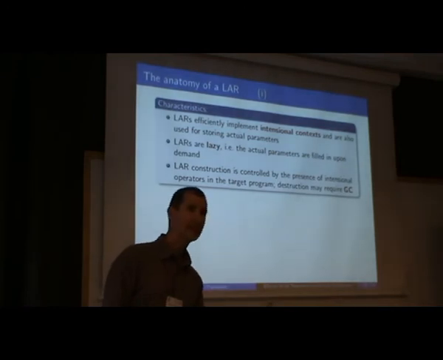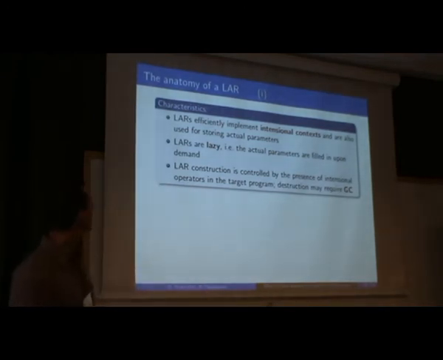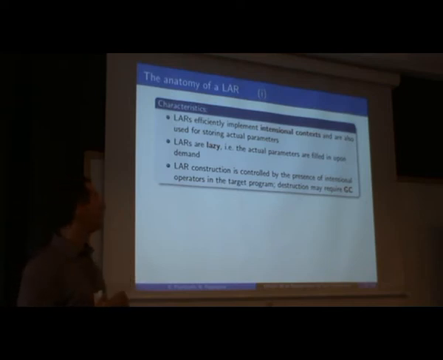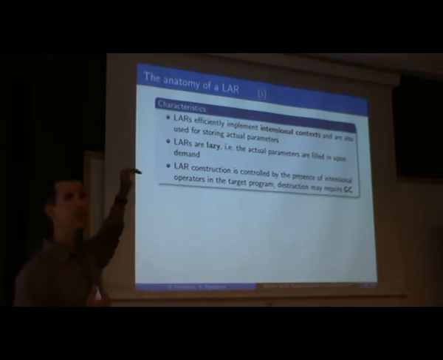So what exactly is a lazy activation record? When we see the whole picture, you will probably realize that it is quite similar to the activation record that you had in mind. But starting from the intentional programming context, it is better if you think of it as an efficient way to implement the intentional context.